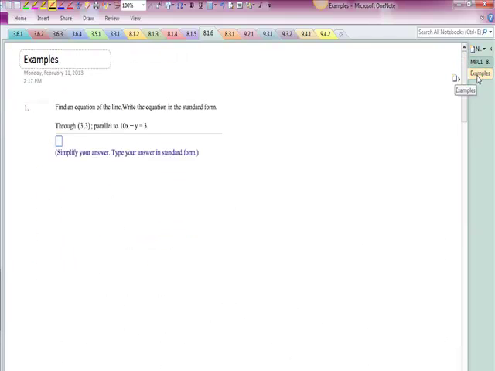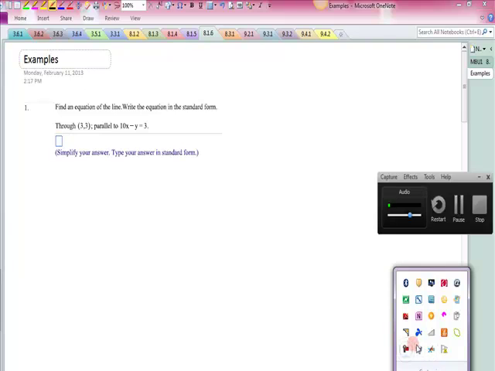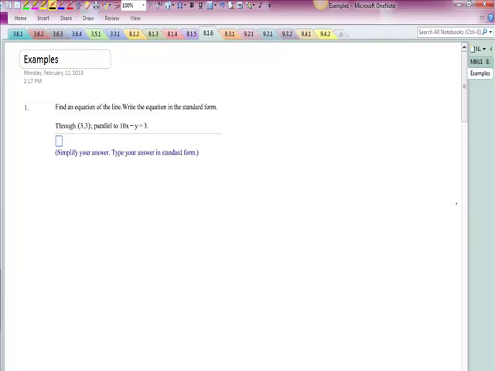All right, let's look at this first one. It says write the equation of the line. Write it in standard form. Something we have to be very careful about, and this only occurs in a few of the homework problems: it said to write it in standard form.